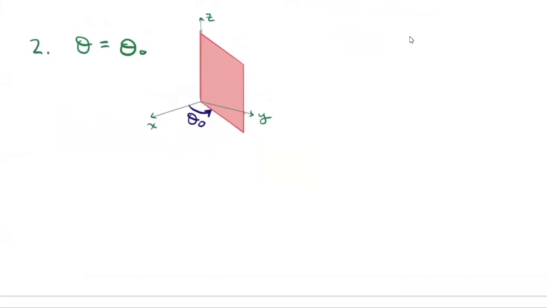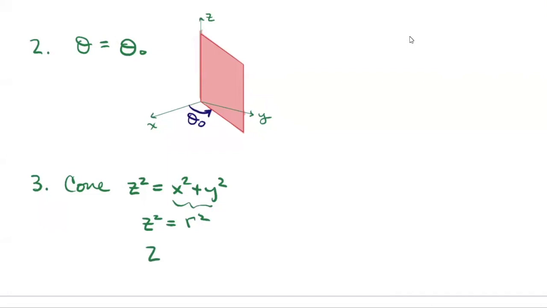Yeah, maybe if I go to the next page. So 3, the cone is z squared equals x squared plus y squared, but that's r squared. So z squared equals r squared, or if you like, z is plus or minus r.